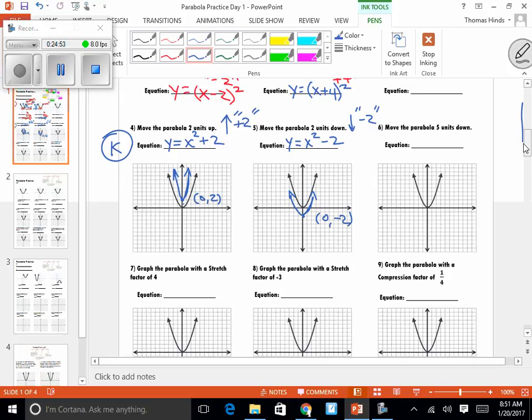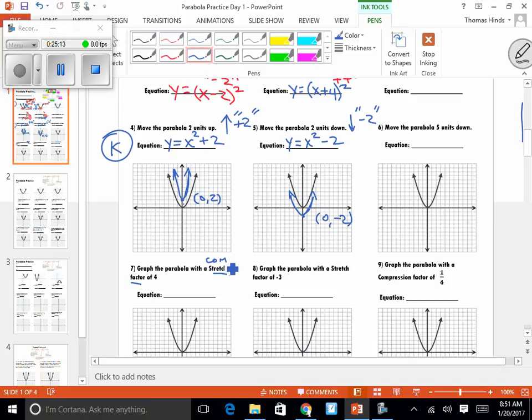Go to number 9. What does yours say? It says compression. All right, let me put compression in, and I'm glad it does. Does the middle one say stretch? No, the left one says stretch. Okay, so they did the opposite, which is still good.